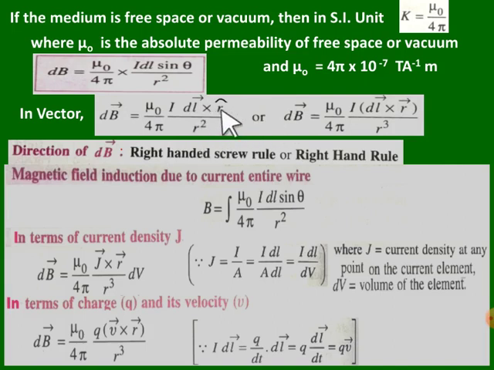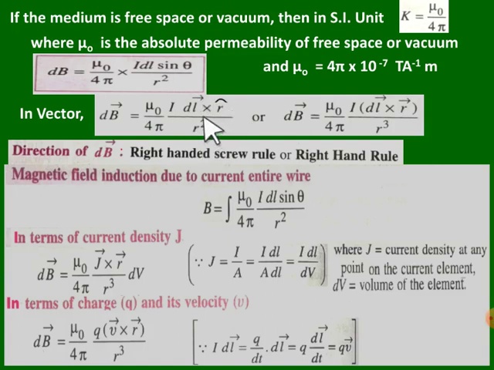Now the angle between r vector, that means position vector, and I dl is theta, is it not? So if you do the cross product of these two, then you will get I dl sine theta again. So instead of I dl sine theta, you can write I dl vector cross r cap divided by r square.